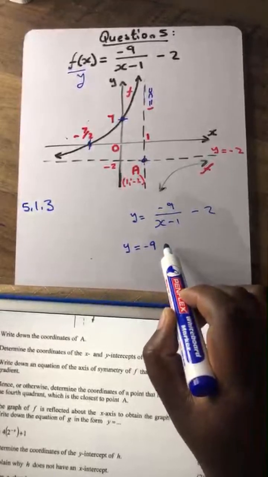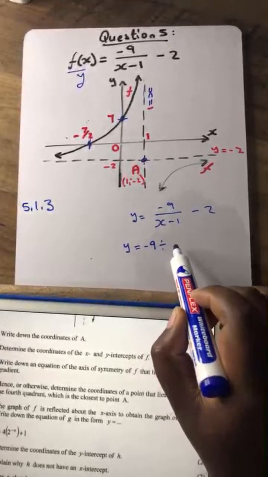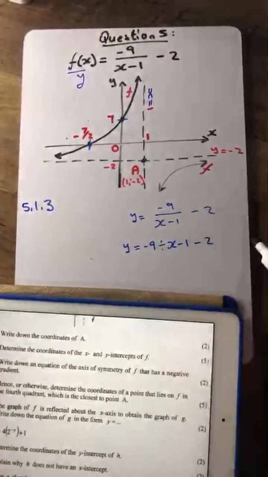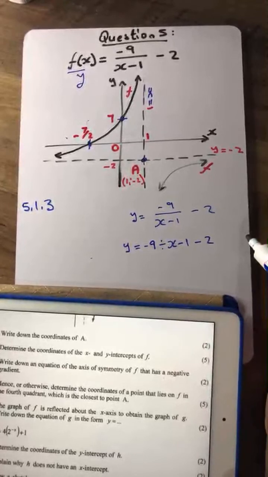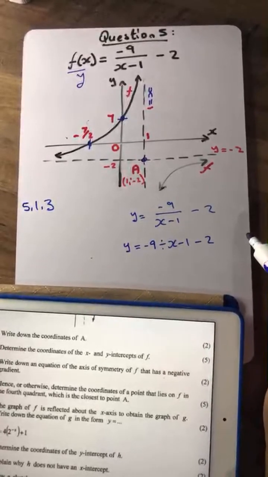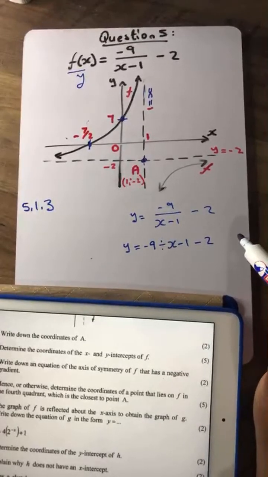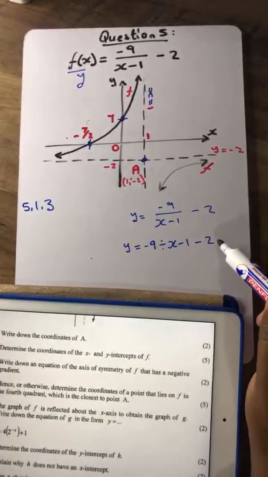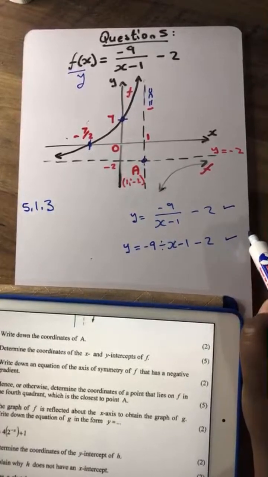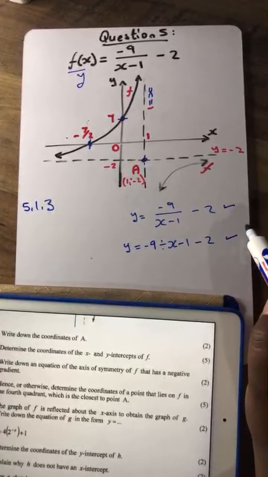Someone is therefore going to say divided by x minus 1, and then minus 2, which is wrong. The honorable members at varsity level who fail this type of report, it's because of trying to type that and they end up typing it wrongly, which results in wrong answers.